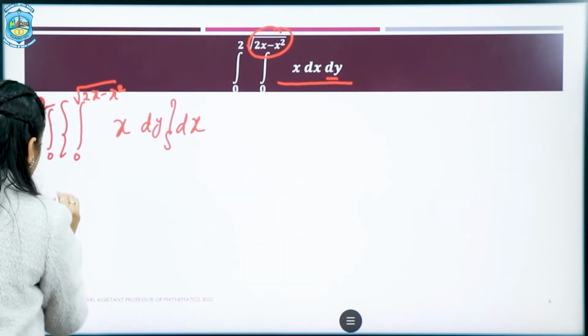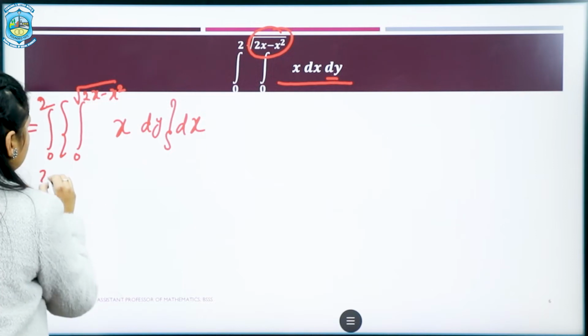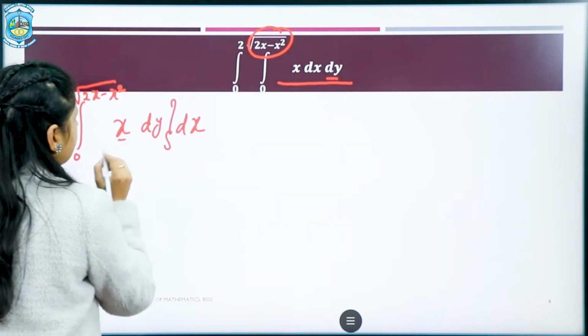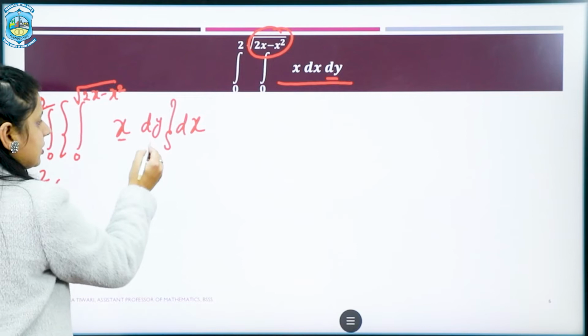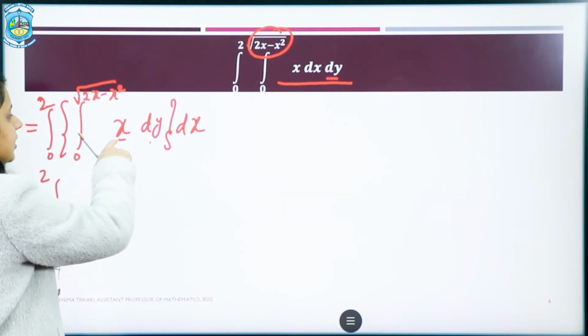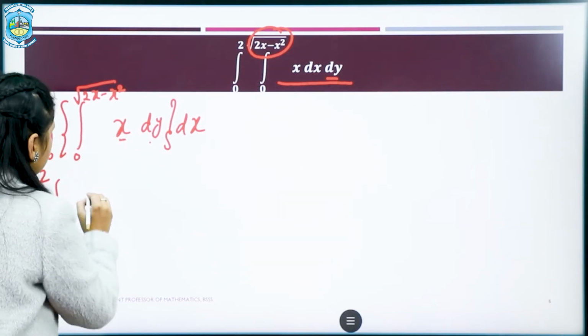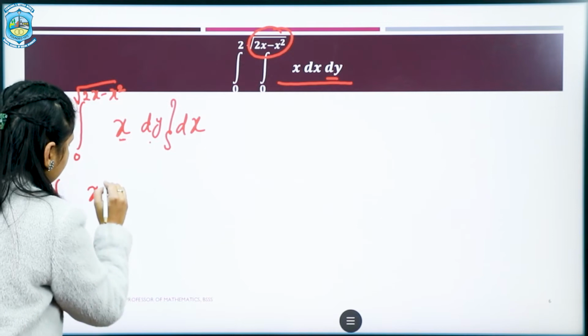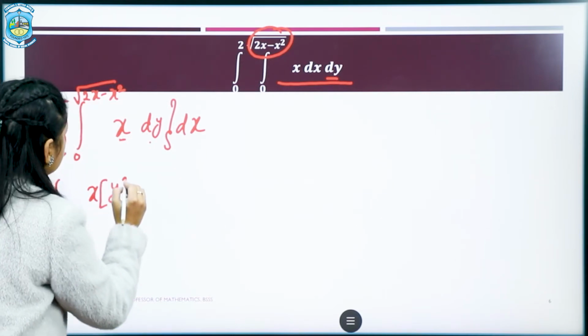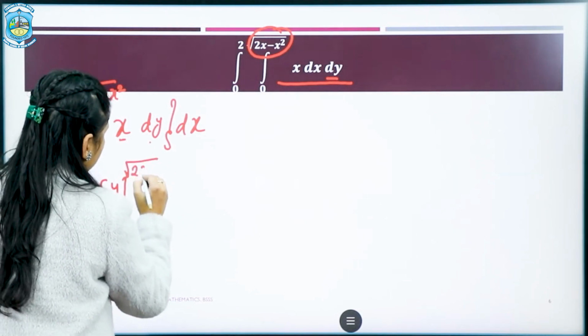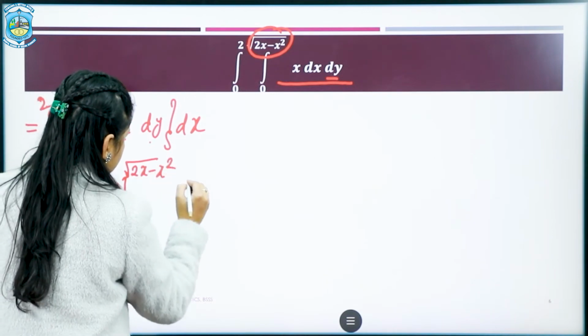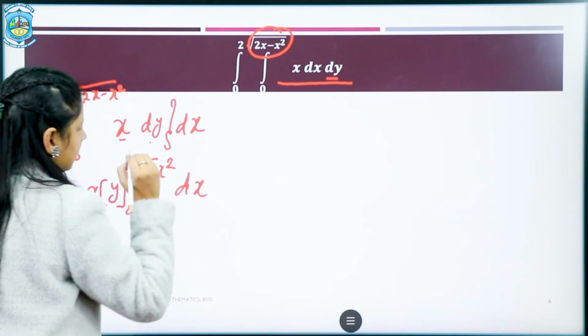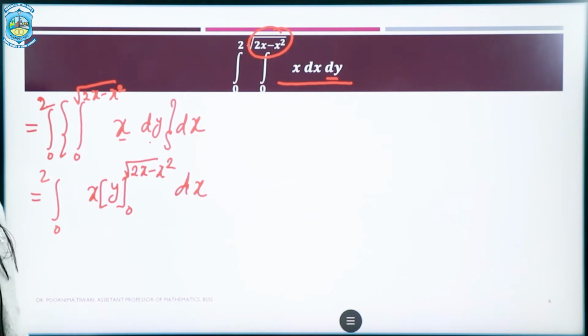Now, this limit as it is 0 to 2, when we integrate this x with respect to y, x behaves like a constant and we will get y limit from 0 to square root of 2x minus x square, and that integration is with respect to x.